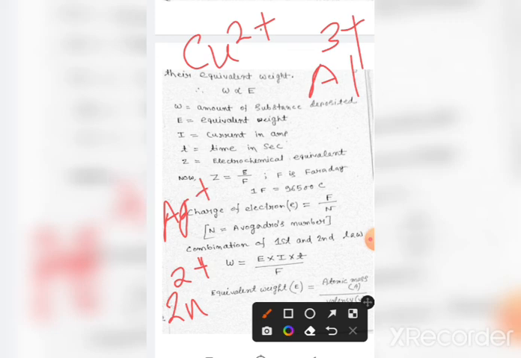Most of the questions come from these four metals. So remember the charges and solve previous year questions, and if you have any doubt, you can write in the comment box.